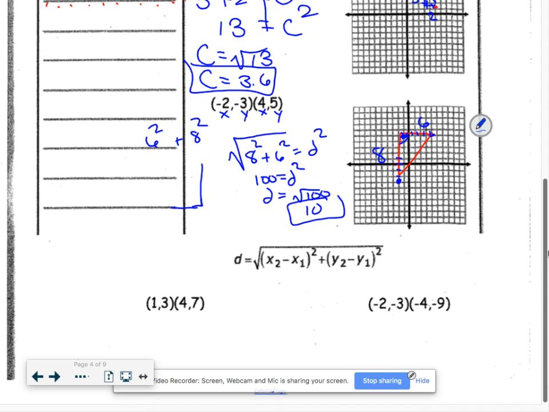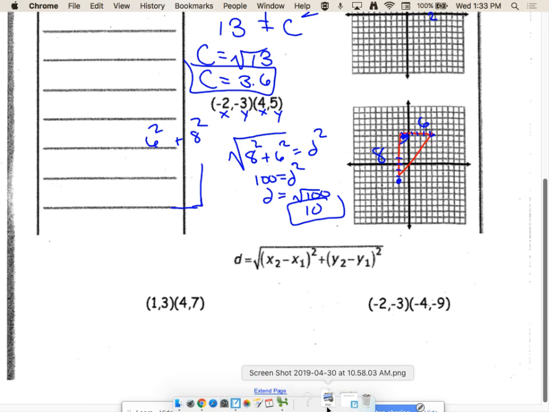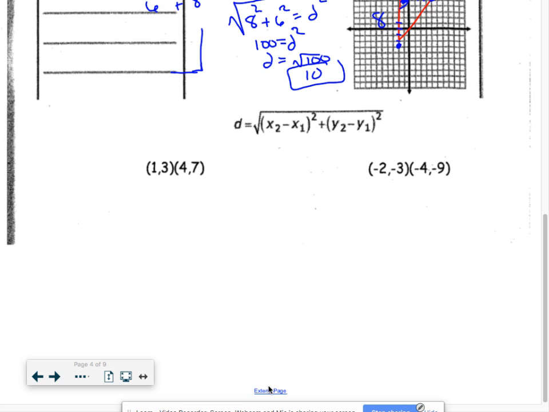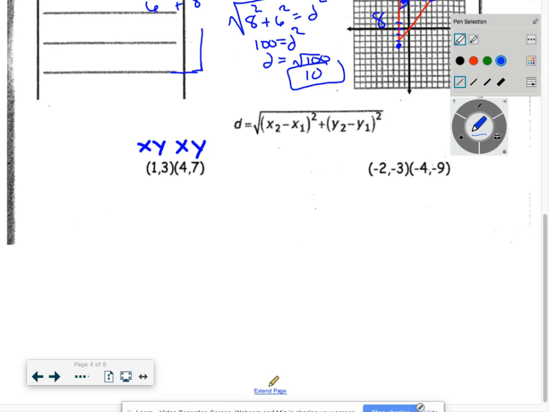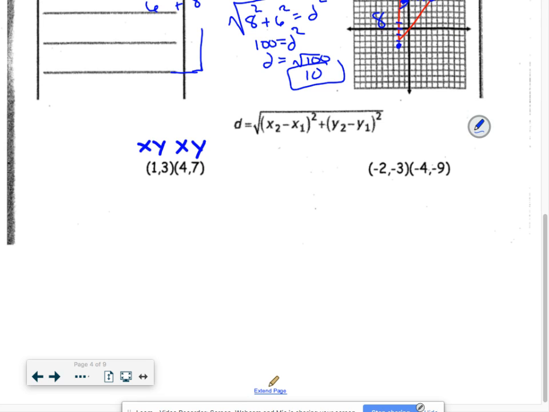Now, right now. Okay, so here's what I'm going to do. I'm going to show you how to use this fancy formula. So we have xy, and x2 minus x1 just means take away your x's. That's all it means. So I'm going to type it in, square root. It's going to be a big square root.